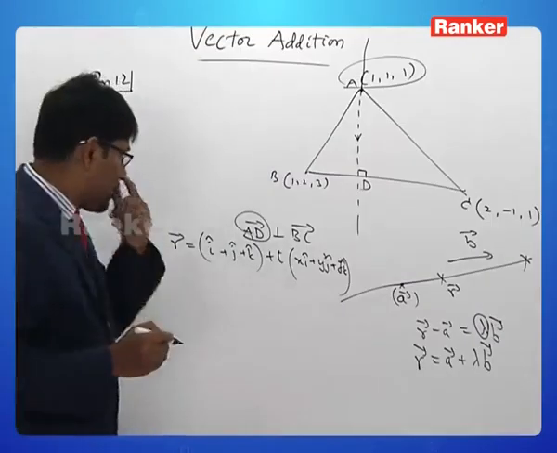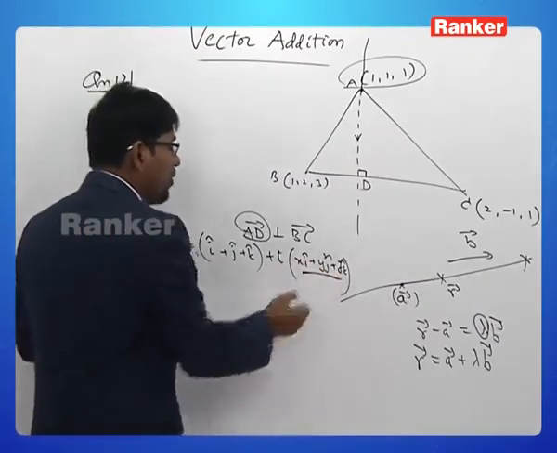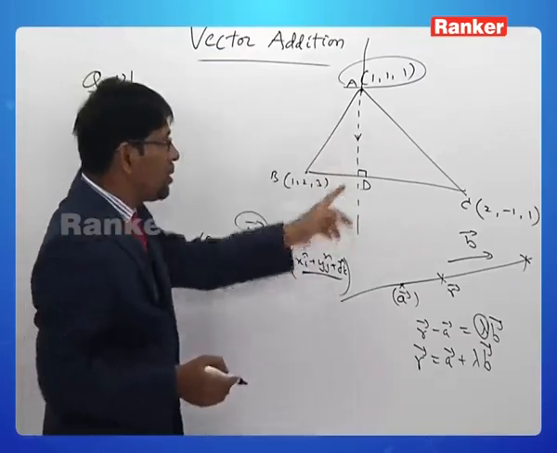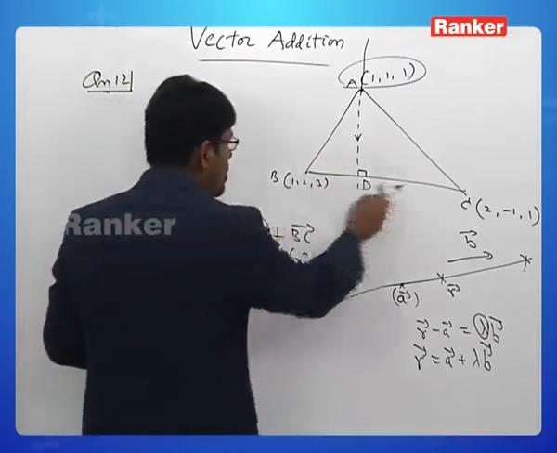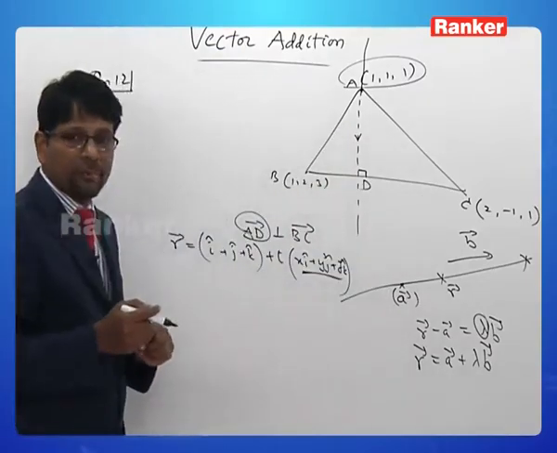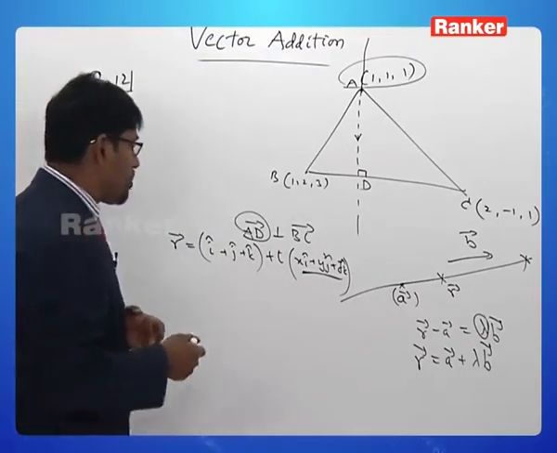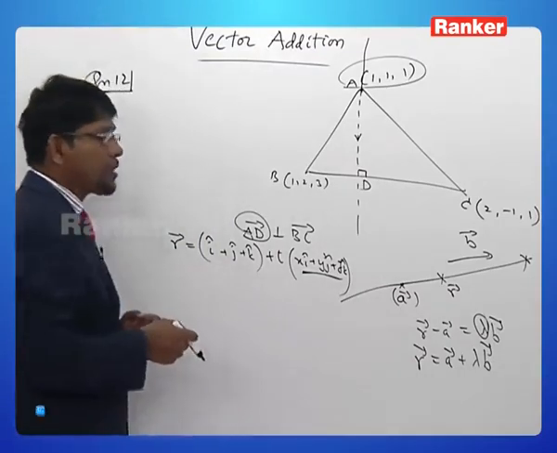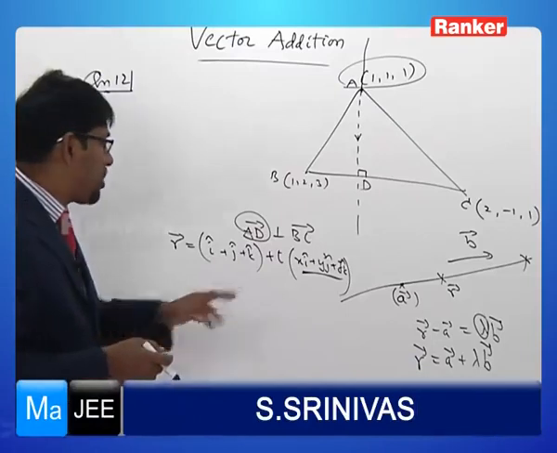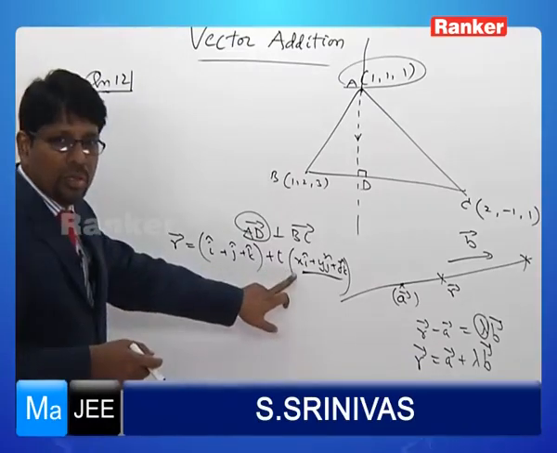This has to be parallel to AD, and therefore it has to be perpendicular to the BC vector. So, we can just check from the options which of the vectors will be perpendicular to the BC vector.